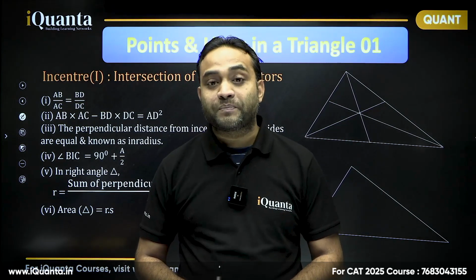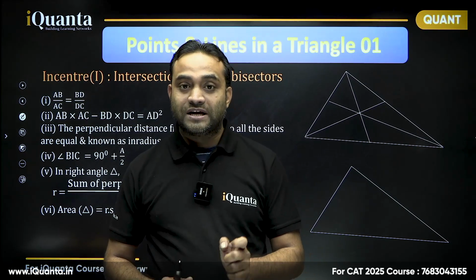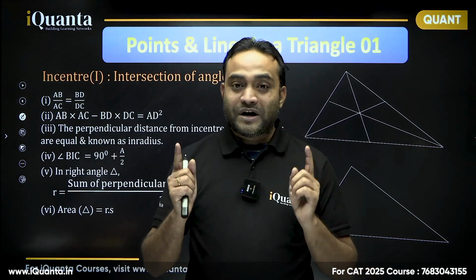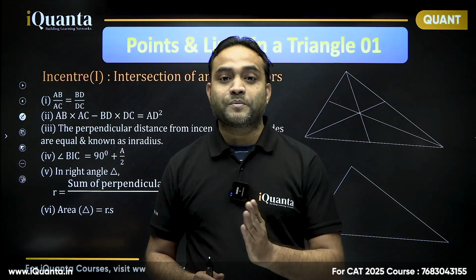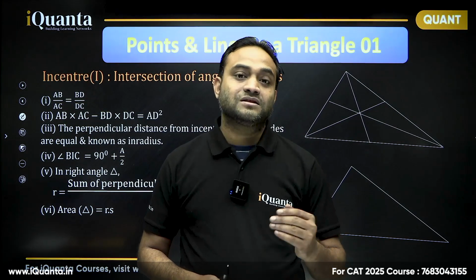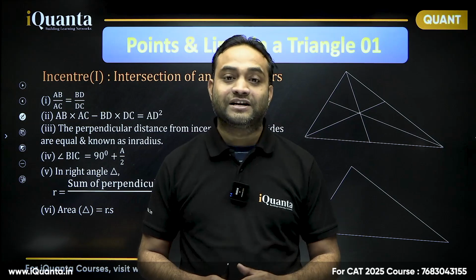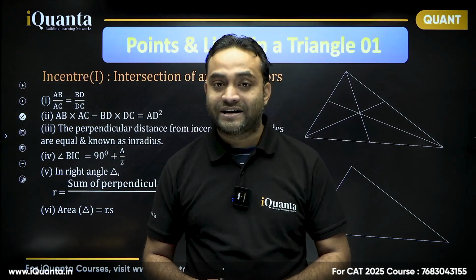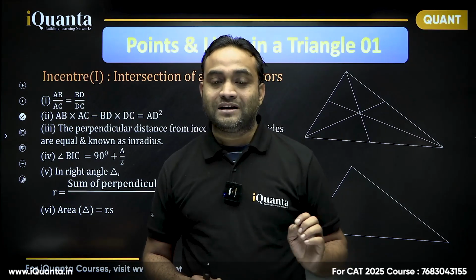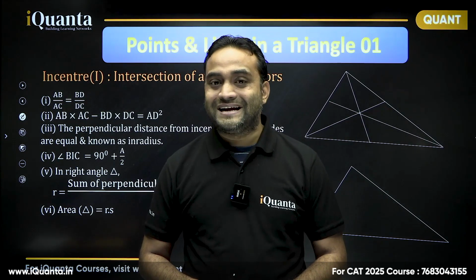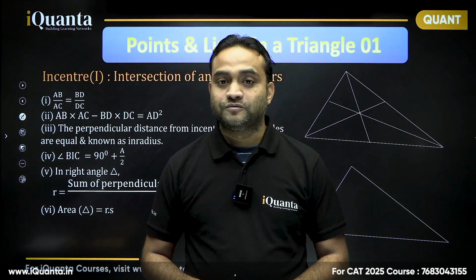Then comes perpendicular bisector, which is dividing a particular side into two equal parts and also perpendicular to it. And then the fourth and the last one is altitude, which is also known as height. So from one vertex, when we draw a perpendicular line to opposite side, then it is known as altitude.